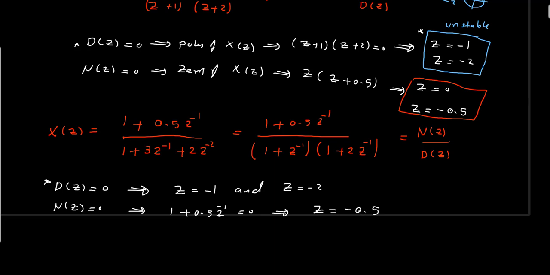So this means that the second zero, which is z equal to 0, is not explicitly shown. So z equal to 0, which is the actual zero, is not explicitly shown.